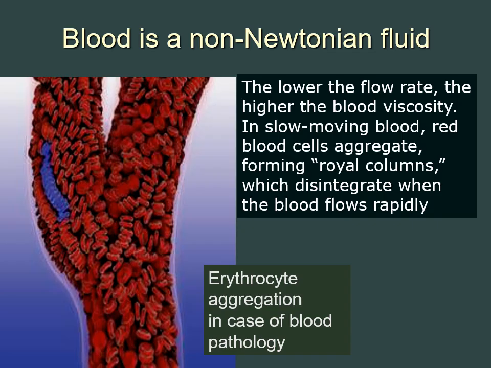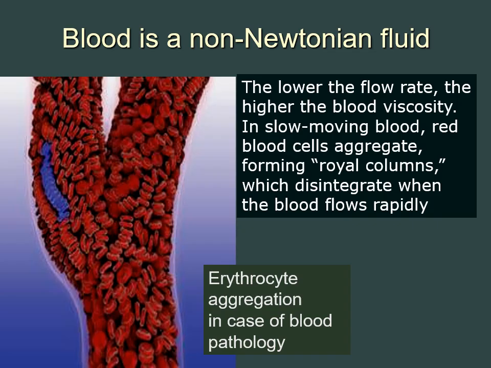Then, when the blood from the capillaries moves into the venules and the blood flow rate increases, due to the conditions of continuity of the flow, the long chains of red blood cells break down, disintegrate. That is, the viscosity of the blood is at its maximum in the capillary area.